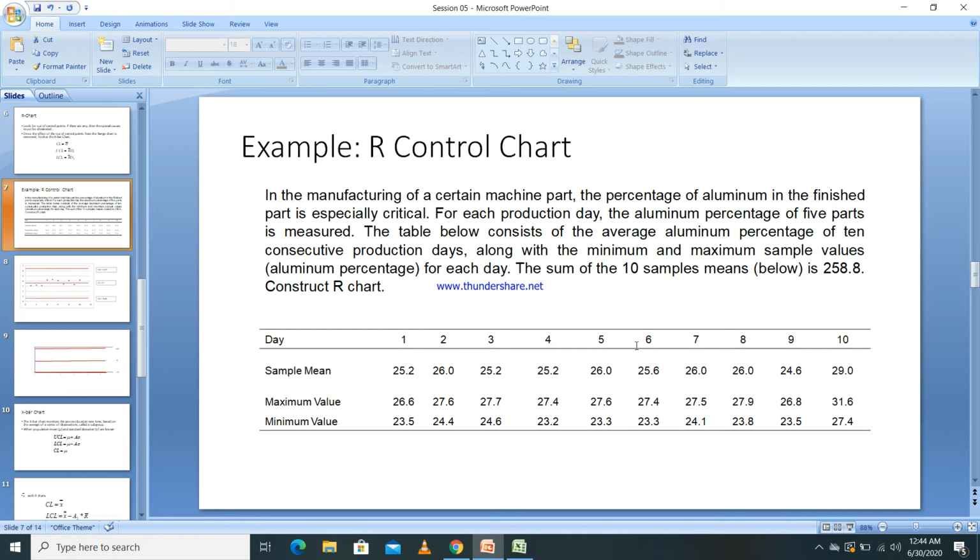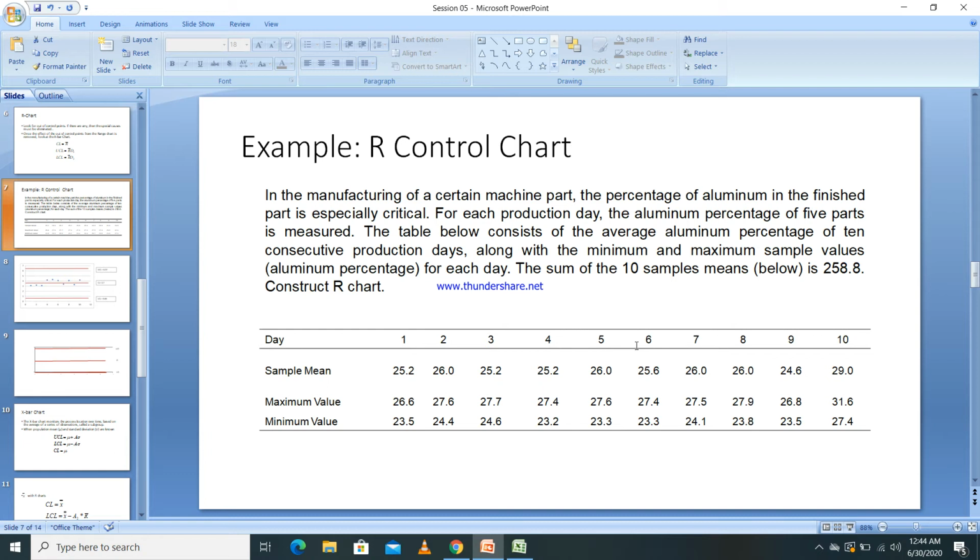That is, when you take day 1, your sample size is 5. You take 5 parts from your production and write out their aluminium percentage, and then calculate the mean value, the maximum value and the minimum value. Likewise, you do it for 10 consecutive days.